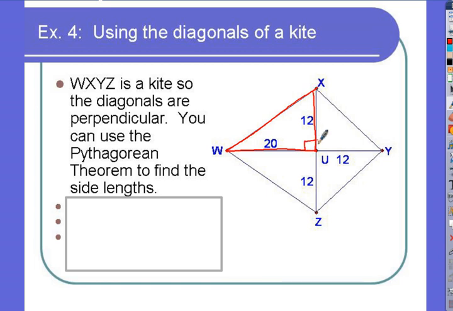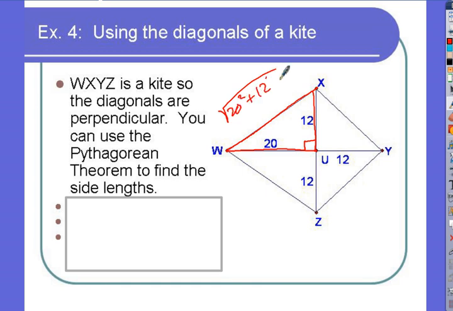So, no, we don't need slope. If I've got two sides of a right triangle, how do I find the third side? Yeah, Pythagorean theorem, sure. It's going to be a squared plus b squared equals c squared, right? So I know that 20 squared plus 12 squared equals that length squared, right? So if I square root everything, then this one is just going to be the square root of 20 squared plus 12 squared.